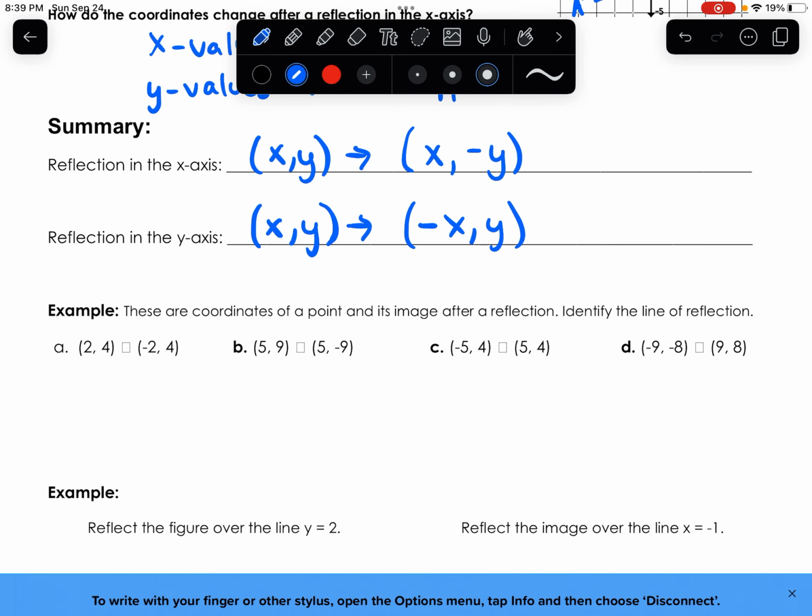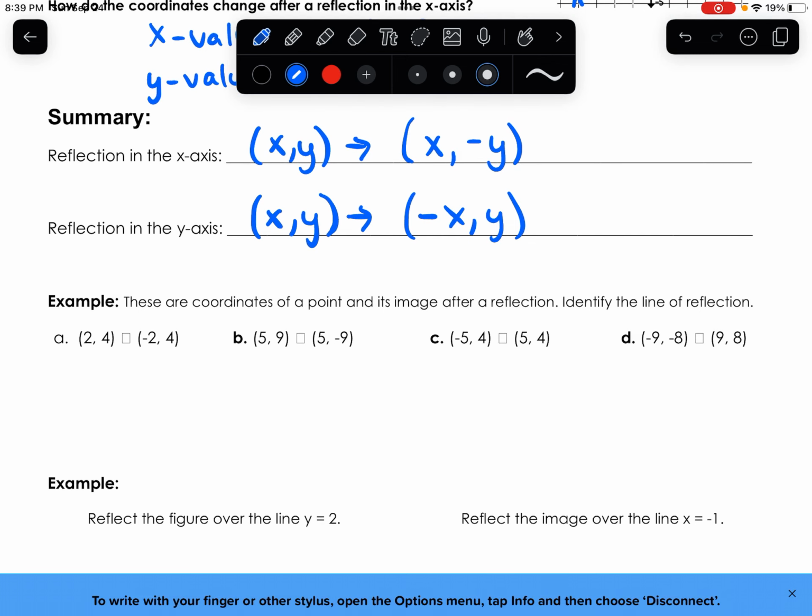All right, so looking at the example here, we're going to try to figure out what line it was reflected over. So in A, for this one, I can see that this is the opposite of x, and y stayed. So the opposite of x and y stayed means it was reflected across the y-axis.